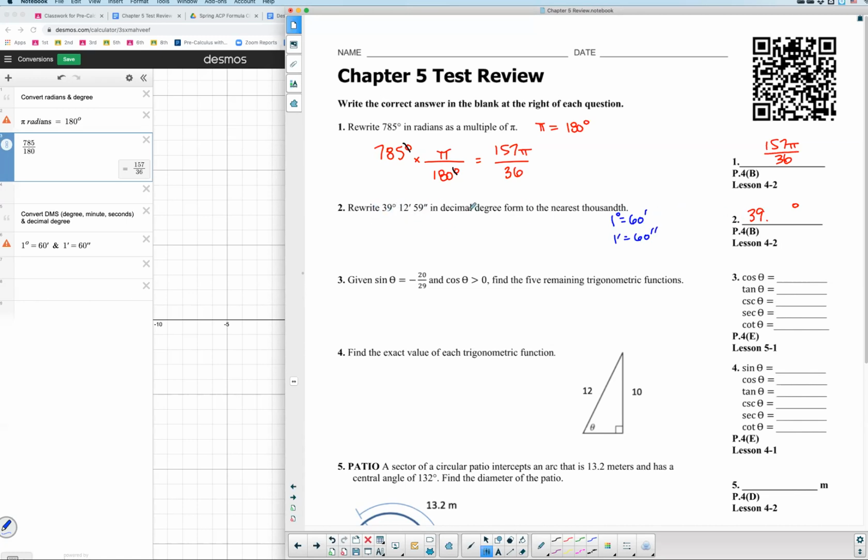I have the whole degrees there. I'm going to start with this seconds portion and say 59 seconds. I can convert that to minutes and say, okay, well, if I want to get rid of the seconds, I put the full seconds in the denominator. So this will now cancel each other out. In 60 seconds, it has to be equivalent to something up here, and that would be 1 minute. So when I do that math, we could get the decimal.